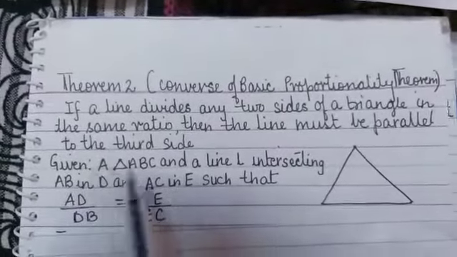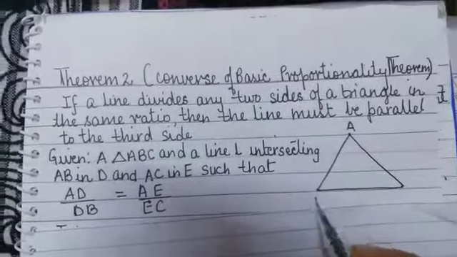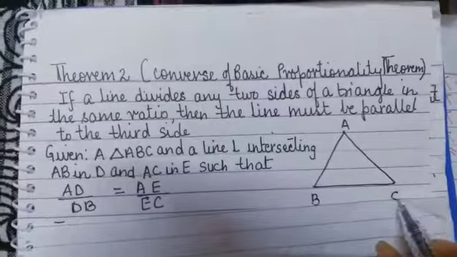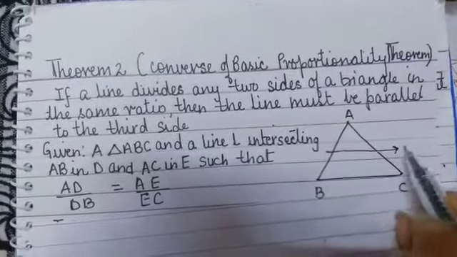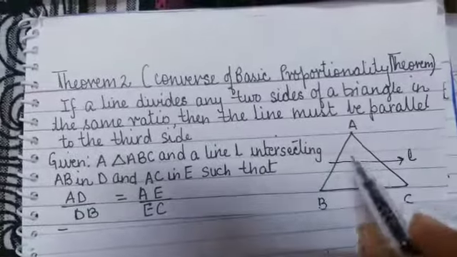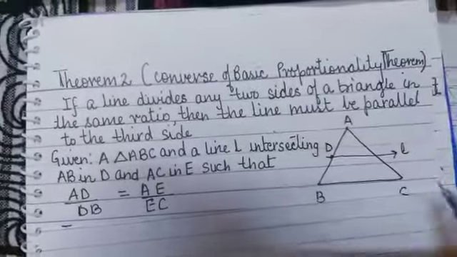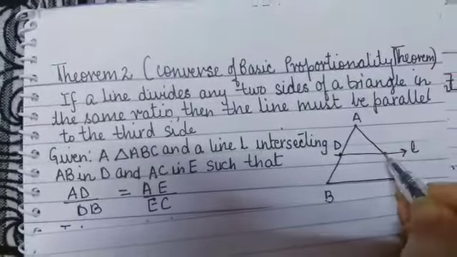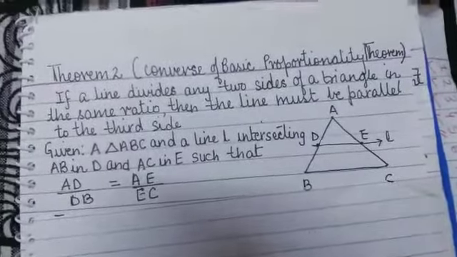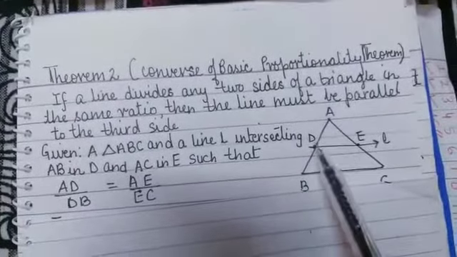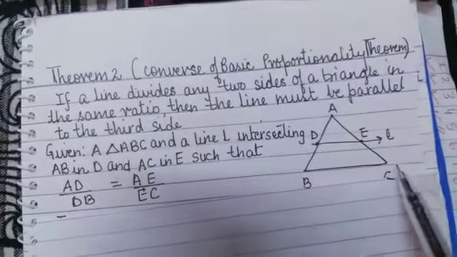Now, given triangle ABC and a line L, let this be line L, intersecting AB at D and AC at E. So AD upon DB is equal to AE upon EC.